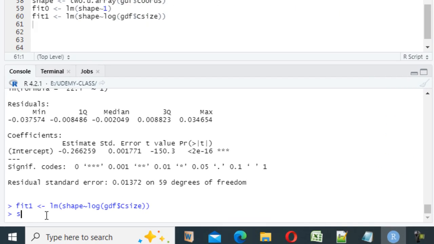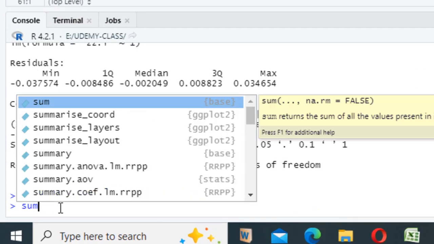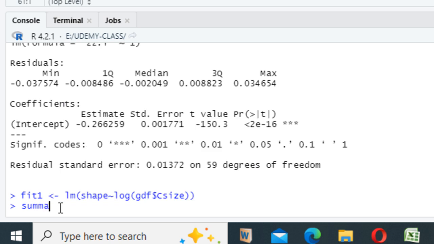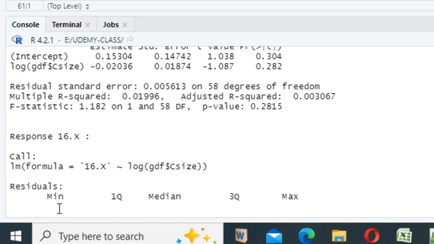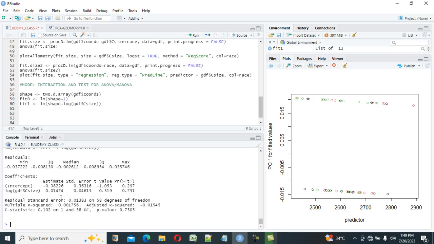Let's summarize this. Summary 1. What do we have? We have the intercept now, the log size. Residual standard error 0.013 on 58 degrees of freedom. Multiple R-squared is this, adjusted R-squared is this, and the F-statistic is this. So this gives a p-value of 0.7, not significant.